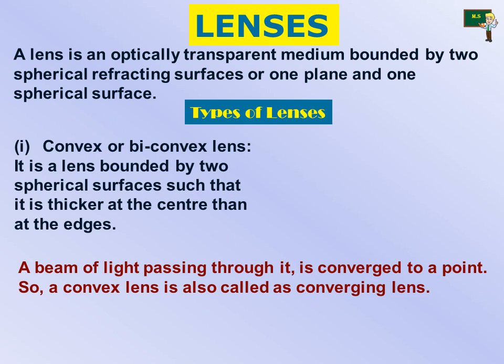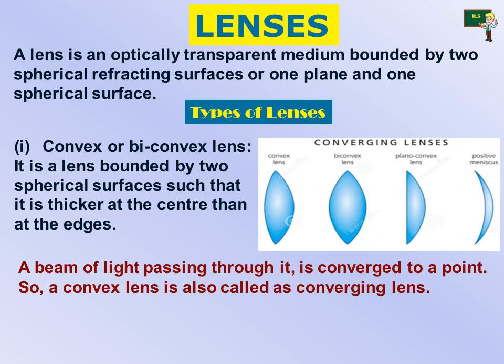What do you mean by this convex lens or biconvex lens? A convex lens is a lens bounded by two spherical surfaces such that it is thicker at the center than at the edges. You can see it is very thick at the center and not as thick at the edges.